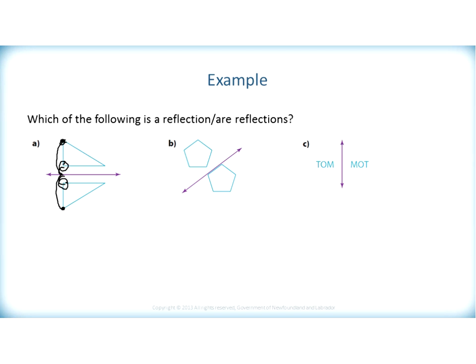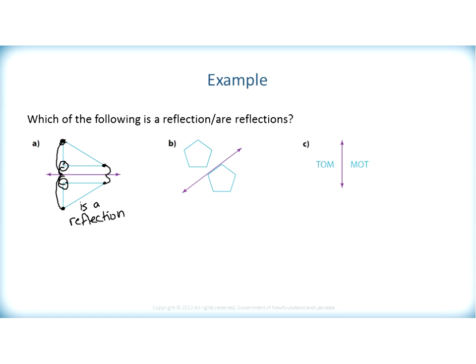Finally, this point right here is about 1 unit away, and its image point right here is also about 1 unit away. So yes, this is a reflection. Okay, so that one is a reflection.